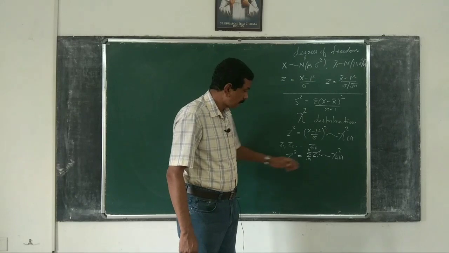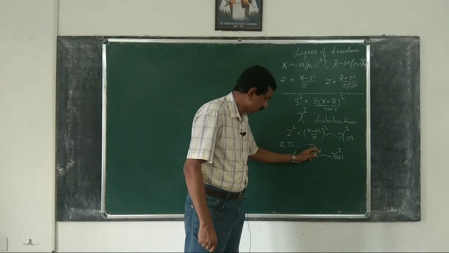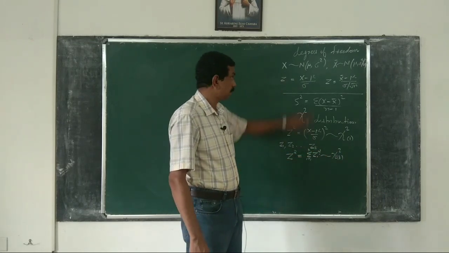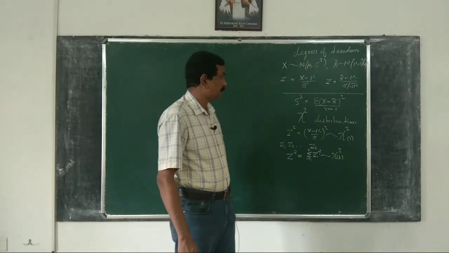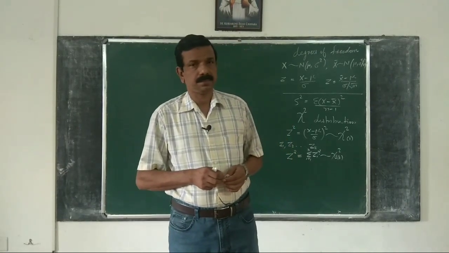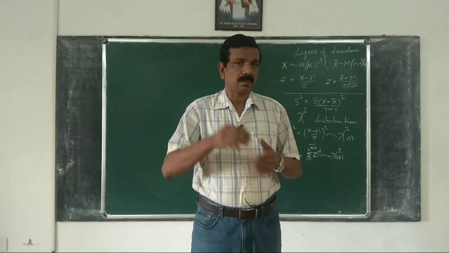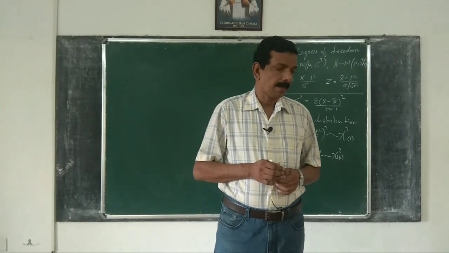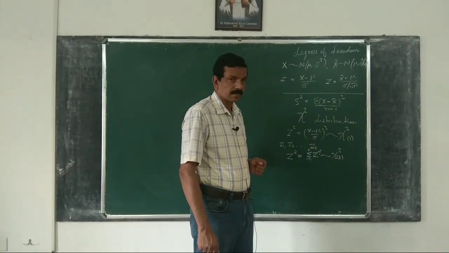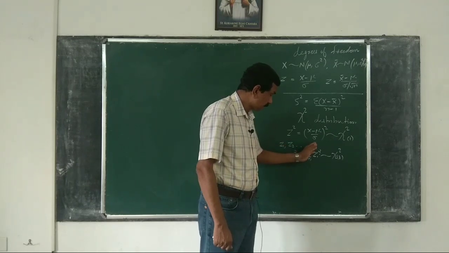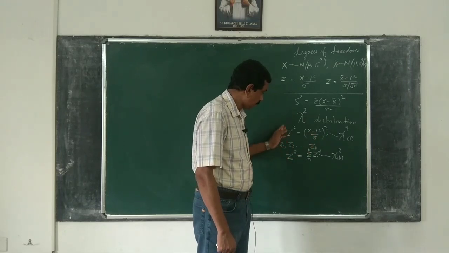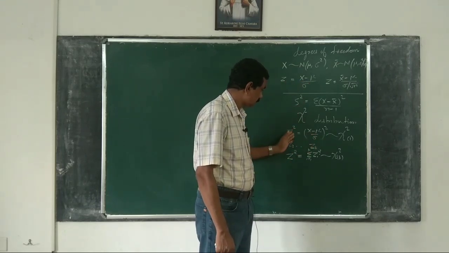And here, as there are k independent variables, the degrees of freedom is k. As I told you earlier, I will consider the concept of degrees of freedom later in a different session, and we will consider different aspects of it. So if Z is standard normal, Z square is chi-square.